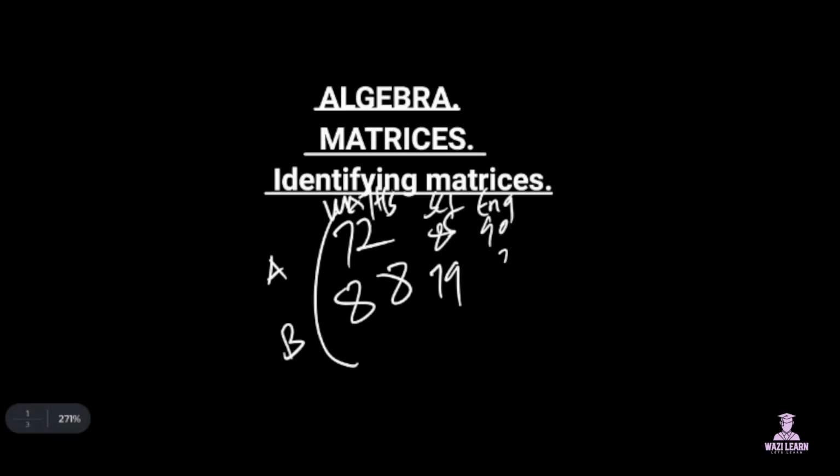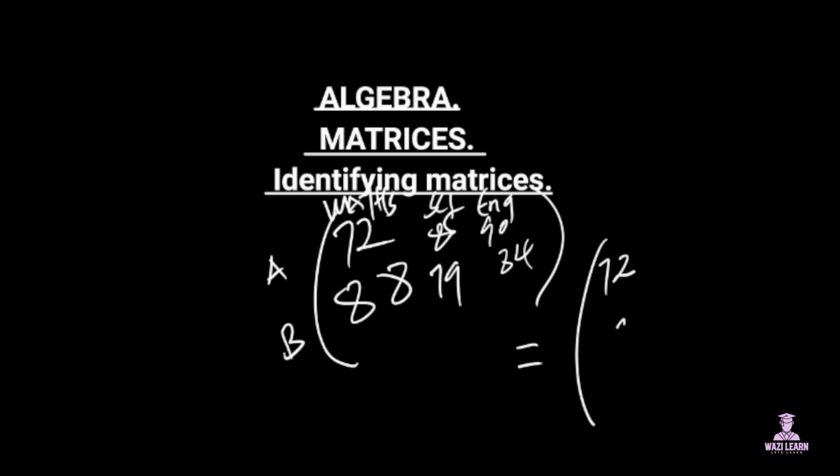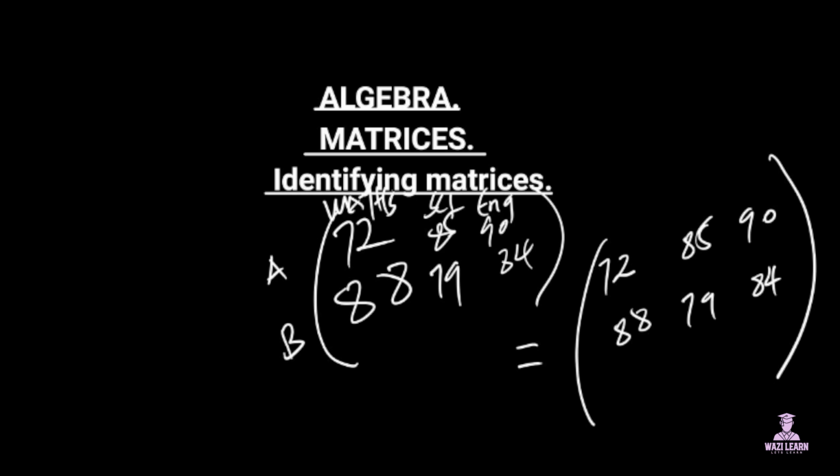So 90, 84. Note that a matrix does not contain labels. So we'll remove the labels and make sure a matrix is enclosed by parentheses. So it will be 72, 88, then 85, 79, then 90, 84. So this one will be our information arranged in matrix form.